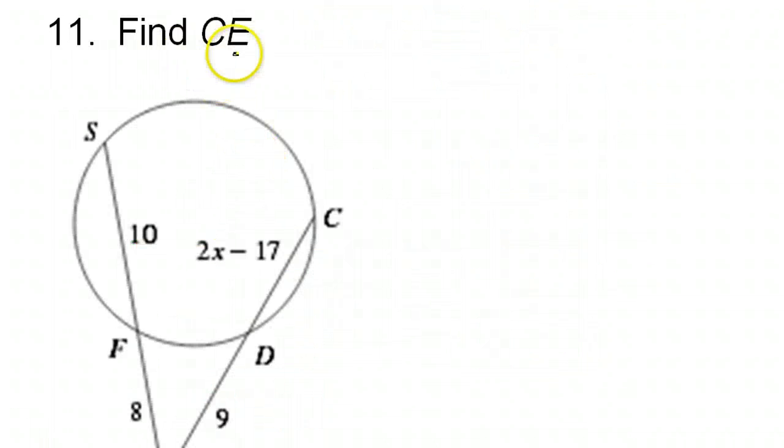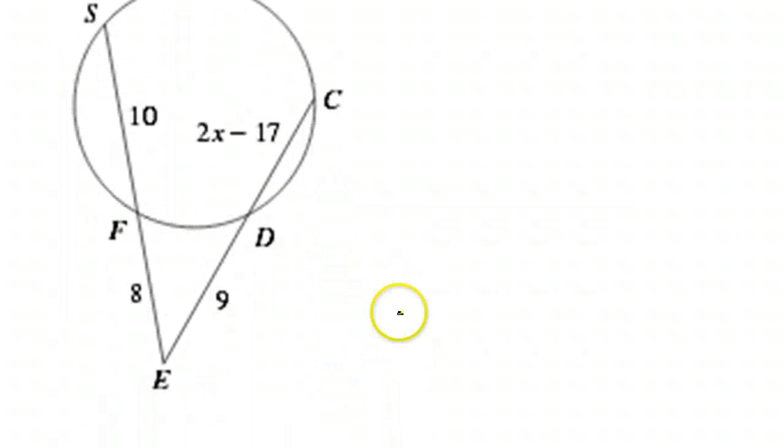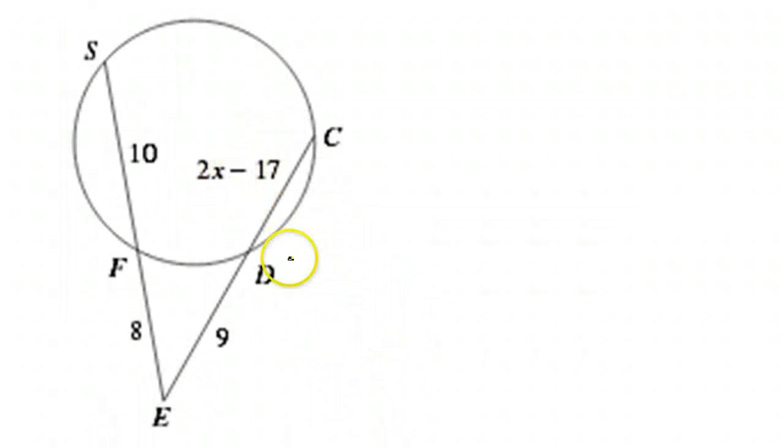All right, for number 11, we have to find the length of CE. So again, we're going to find x, but then we have to plug it back in to find the length of CE. So first of all, though, part times part equals part. No, scratch that. We're outside of the circle, so we're doing part times whole equals part times whole.